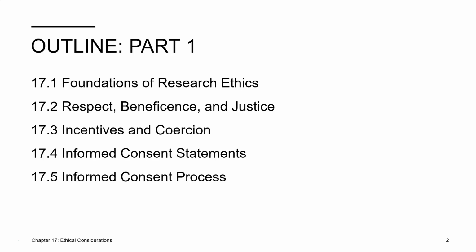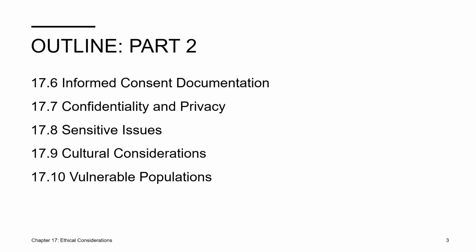Section 17.5 covers the Informed Consent Process. 17.6 covers Informed Consent Documentation. Section 17.7 covers confidentiality and privacy. Section 17.8 covers sensitive issues. Section 17.9 covers cultural considerations. And finally, Section 17.10 covers vulnerable populations.